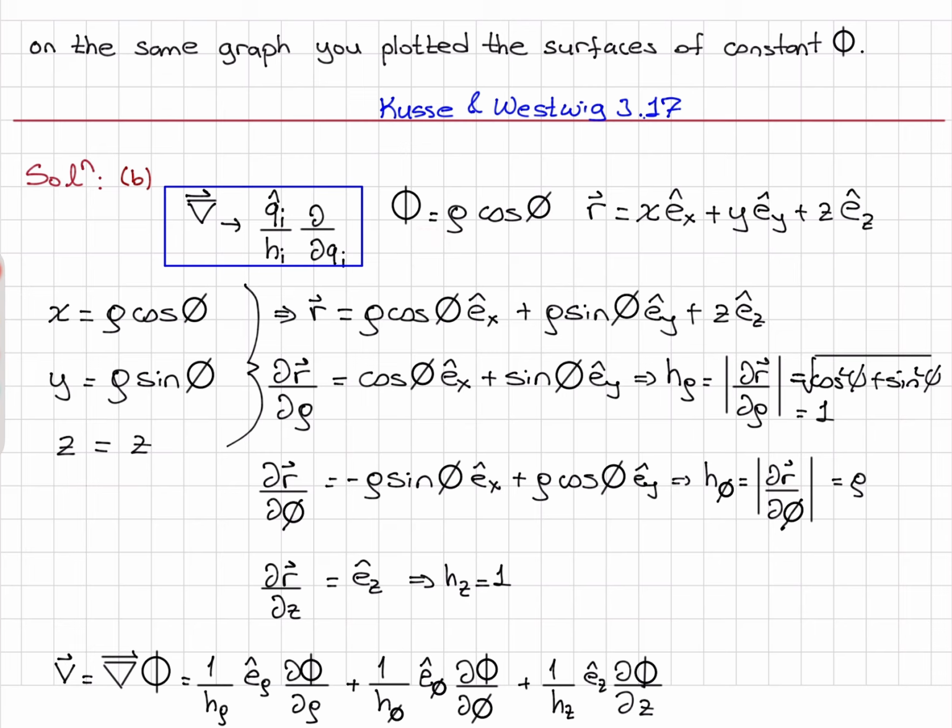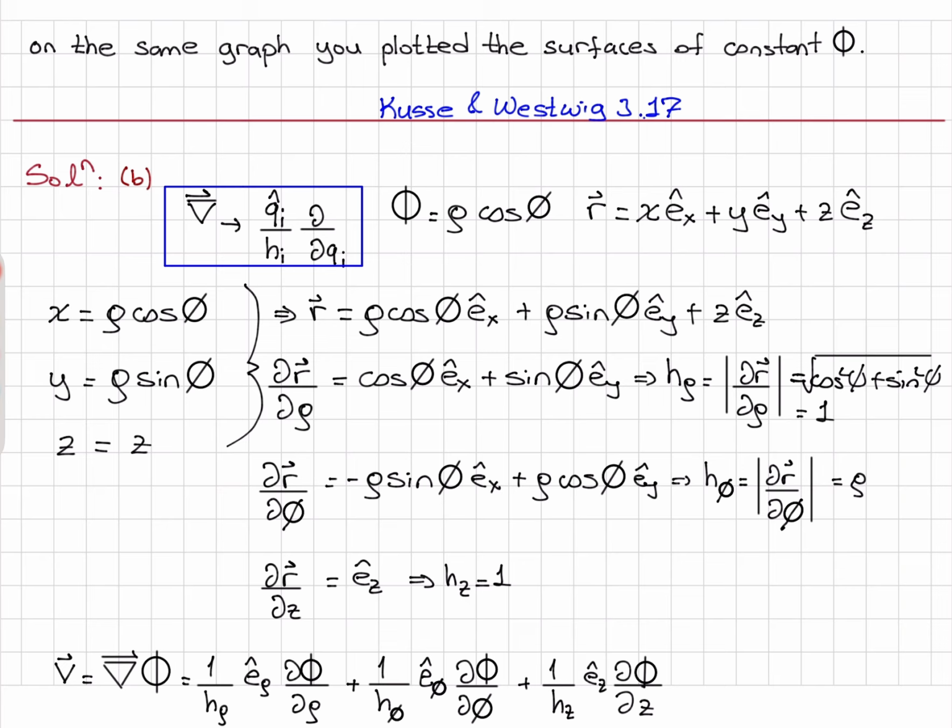Therefore, I have to write the position vector, substitute the transformation equations for x, y, and z, take derivatives with respect to each of the cylindrical coordinates, and take the magnitudes of the derivatives. That gives me the scale factors 1, rho, and 1.